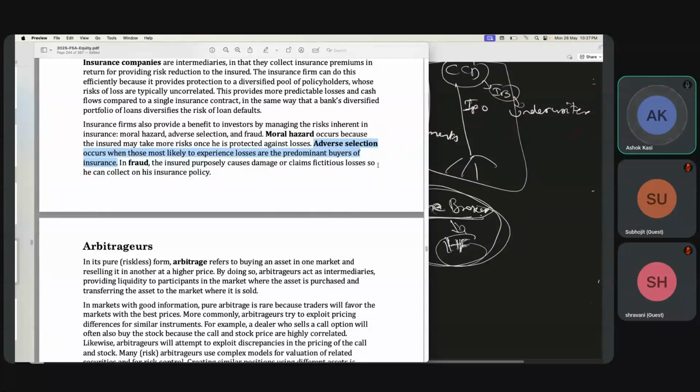So that means the company has not given insurance to the right people from a business perspective. That is adverse selection. Adverse selection means giving insurance to those people who are more likely to actually use it.